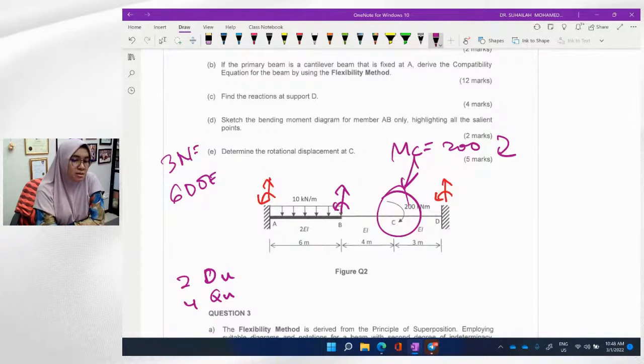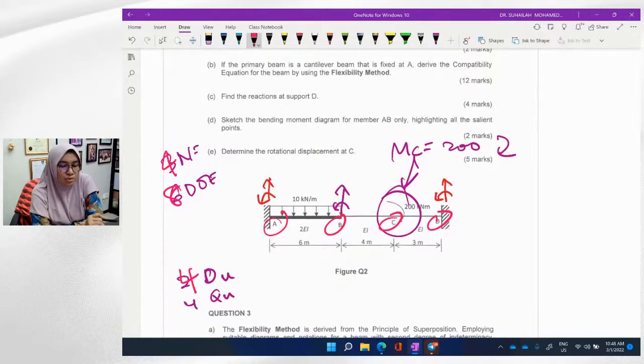So we must have nodes A, B, C, and D. Having this, we have 4 and 8. So this question we cannot solve using manual calculation.